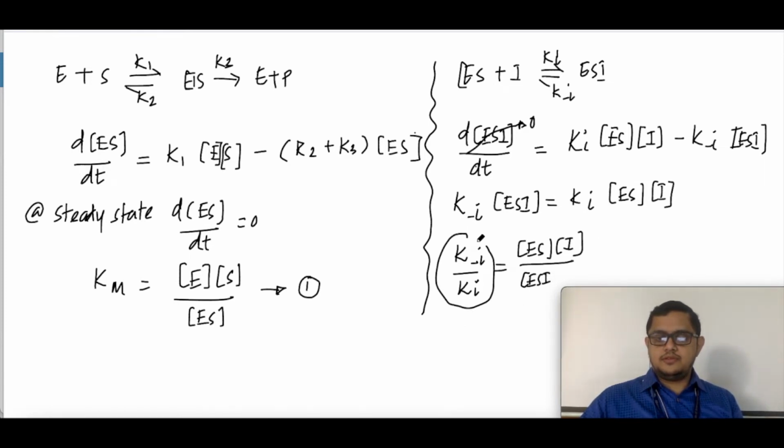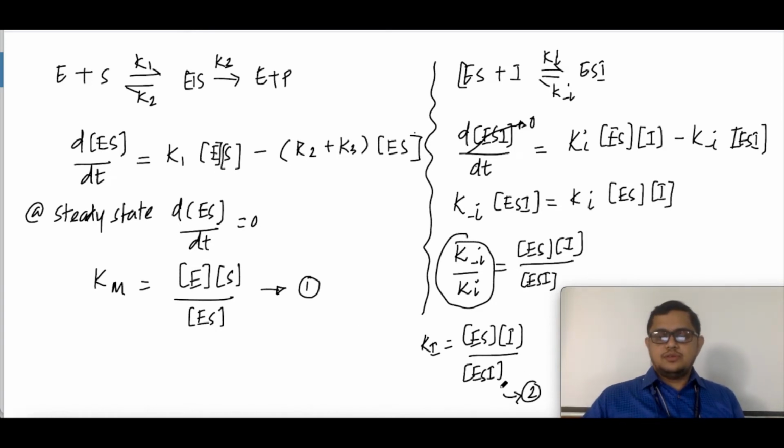Instead of this, you write capital Ki is equal to ES into I divided by ESI. Let this be equation number 2.